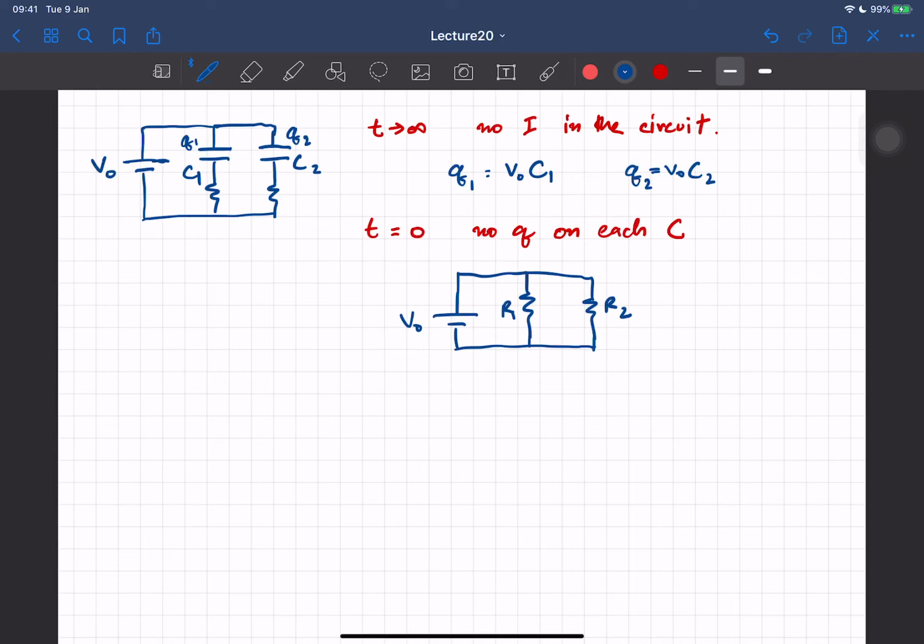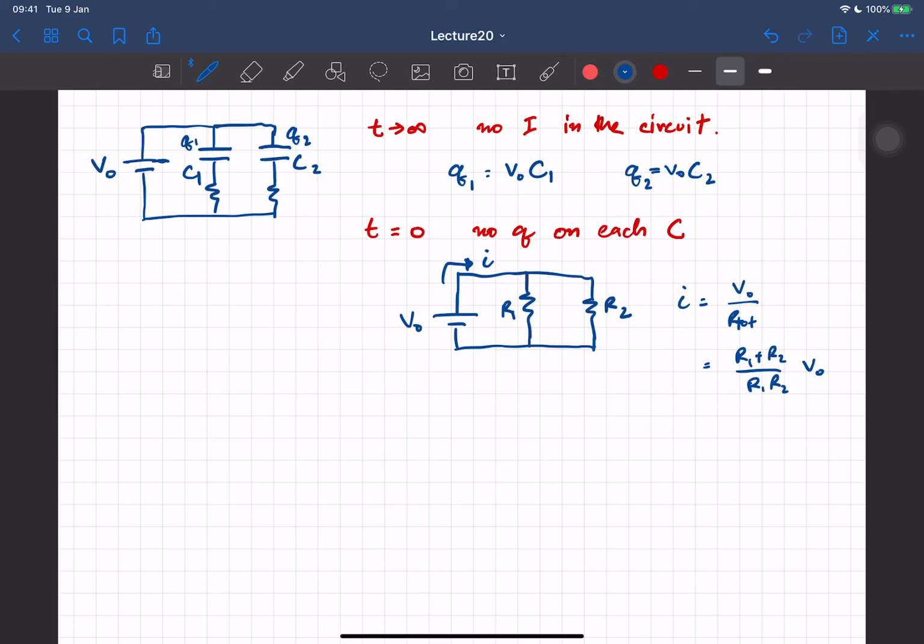Okay, so in this case, you can calculate the initial current. So I simply equals V divided by R total. And that's just R1 plus R2 divided by R1 times R2 times V0, like this. Okay, so this is a simple way of answering this kind of question, like what happened at time equal to 0 or time equal to infinity.